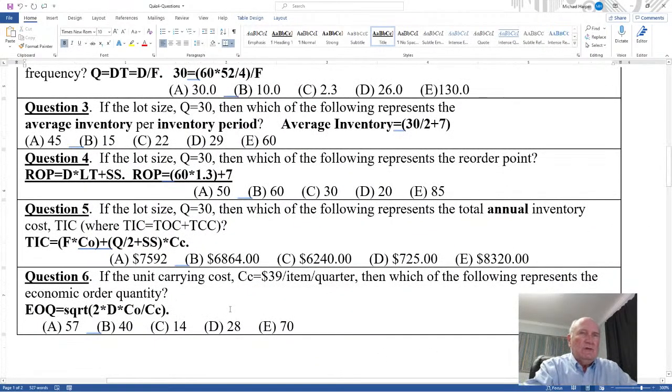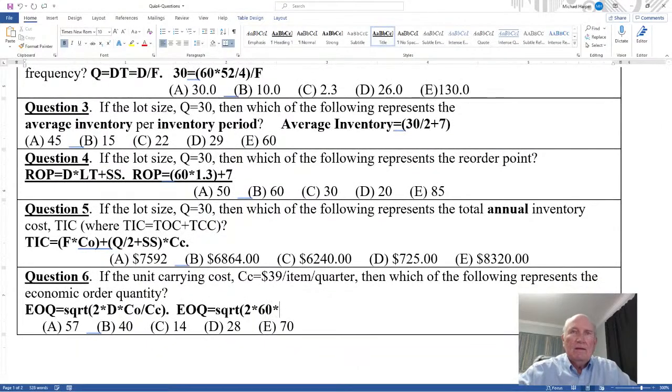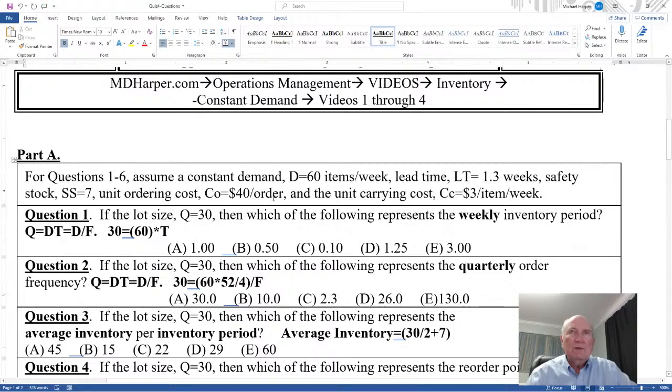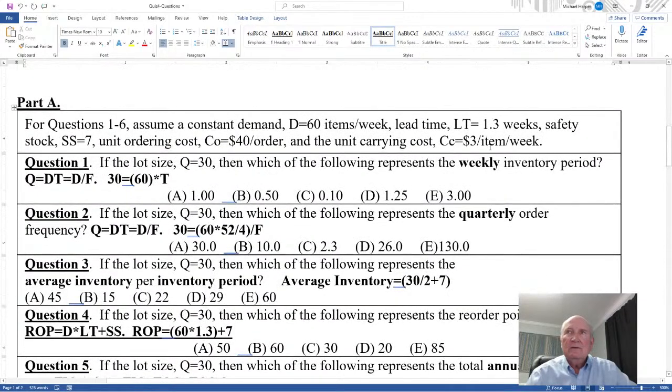Okay, so then my EOQ equals the square root of 2 times my demand, which up here is 60, times my ordering cost, that's up here somewhere, 40 per order, divided by my carrying cost, which is 3, and that's per item per week.